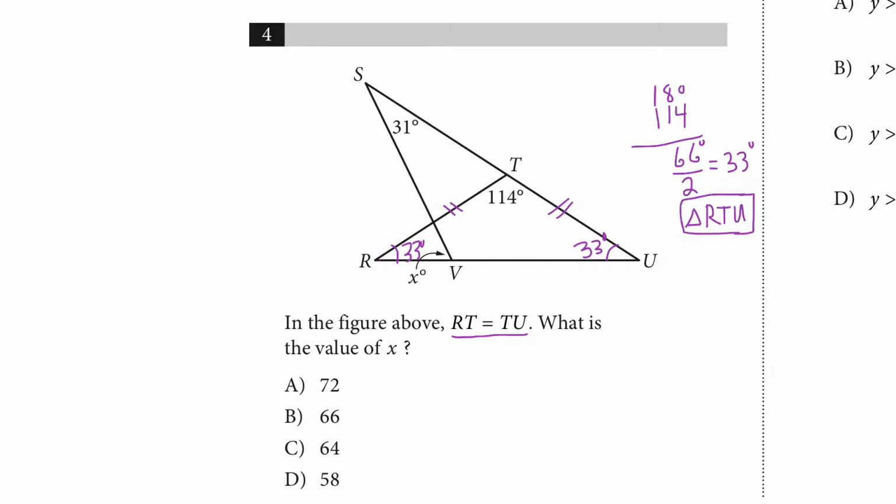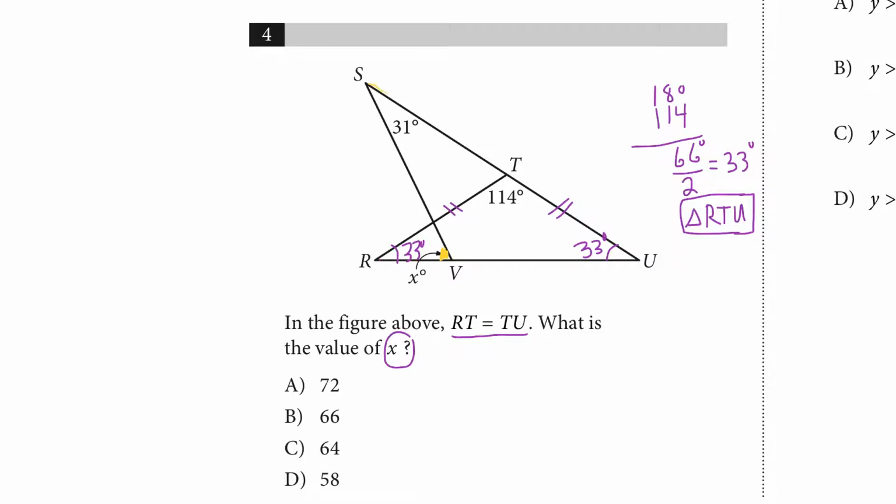Now we are looking for the value of x, and x is right here. So I'm going to highlight x as this angle right here, and x is the exterior angle for this larger triangle.